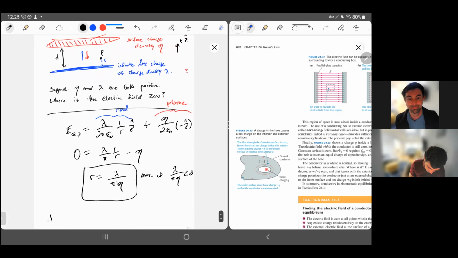If lambda over pi times eta were greater than d, then there's no answer. In that case, the electric field contribution from the rod is always greater than the contribution from the infinite plane in this region. And so there would be no points where the electric field could be 0.